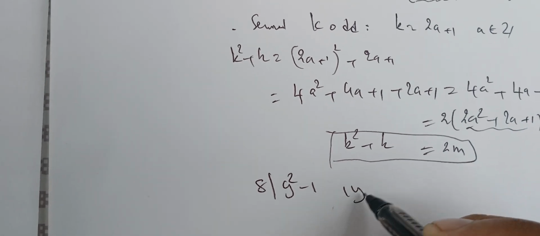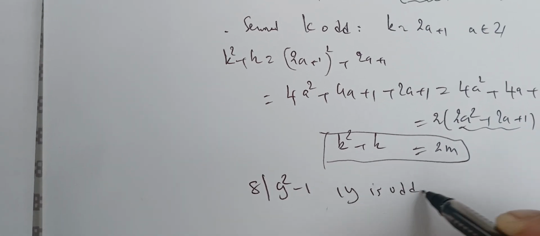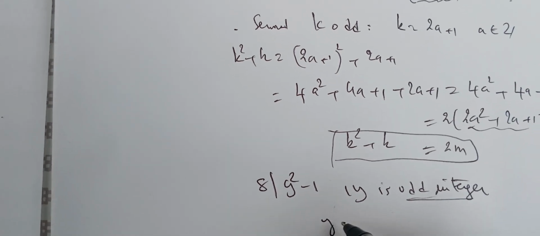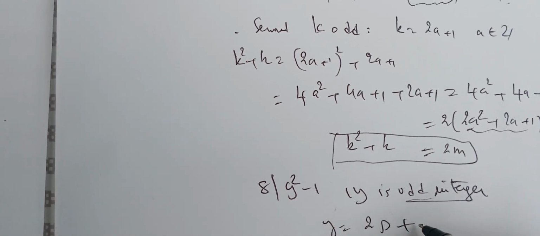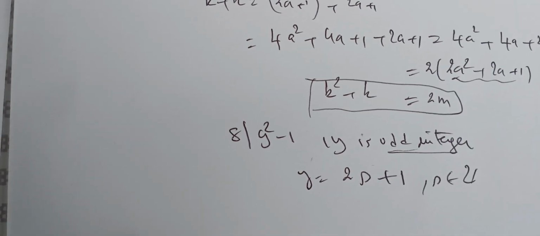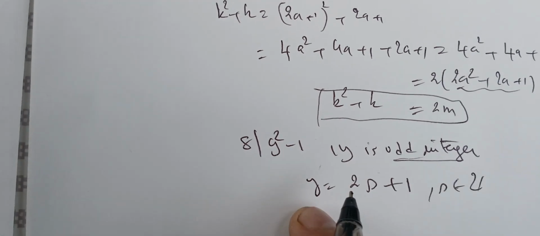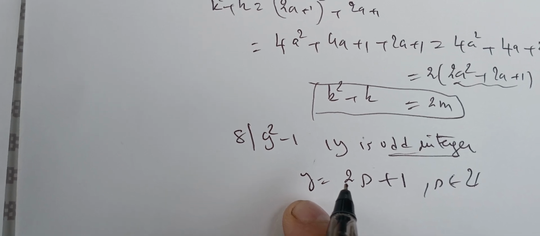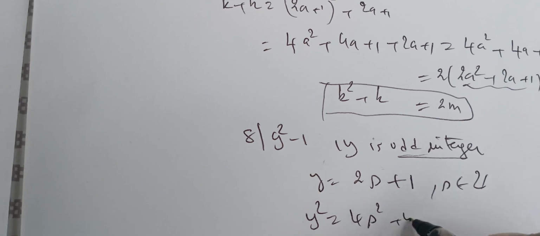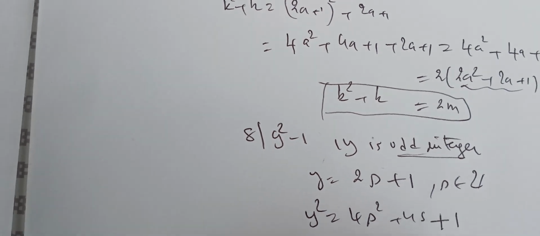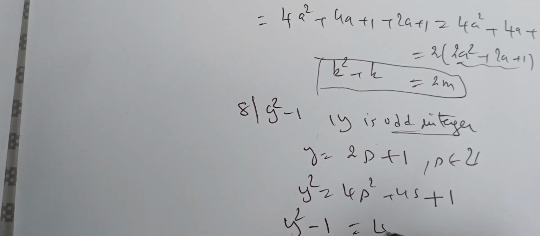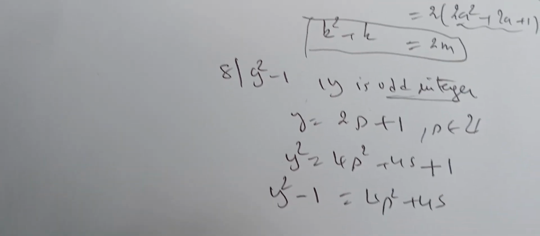That means y can be written as 2s plus 1, where s is in Z. If we square y, we get 4s squared plus 4s plus 1, and if we add minus 1 to both sides, we get 4s squared plus 4s.